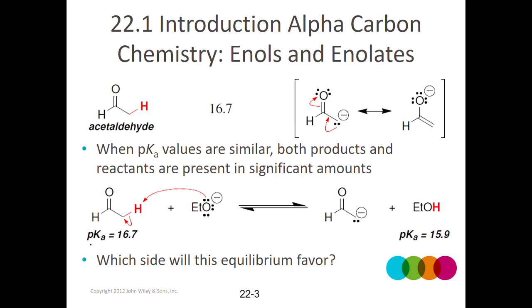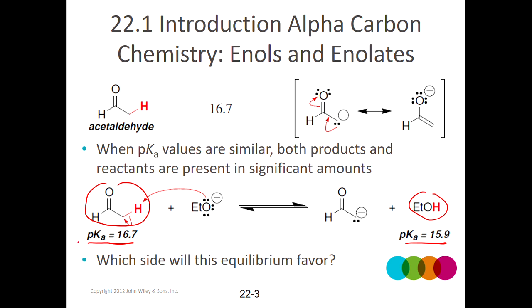And if we look at the pKa values on either side of this equilibrium, we know the equilibrium will favor the side with the higher pKa because that's a more stable acid compared to the other acid. And we can verify that conceptually by recognizing that this OEt is relatively small, be pretty well solvated, and so it's slightly more stable than the enolate.